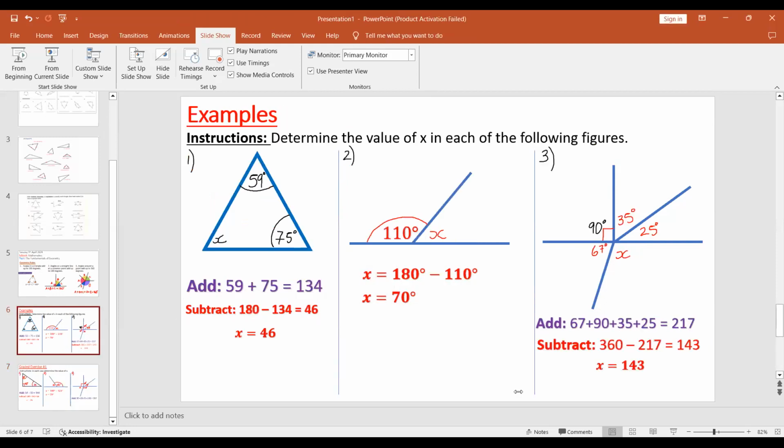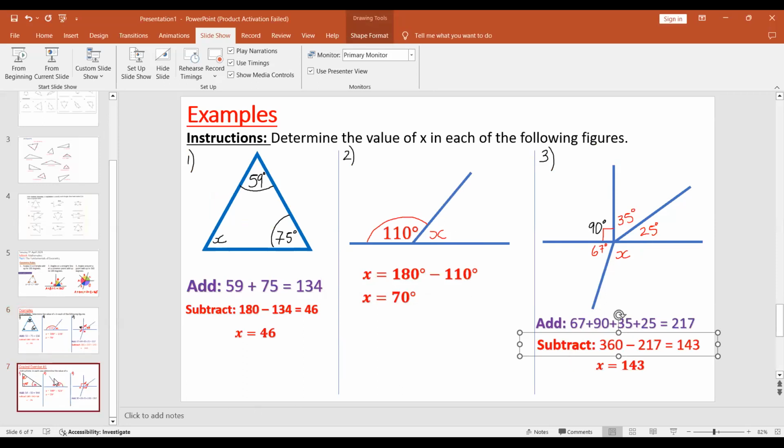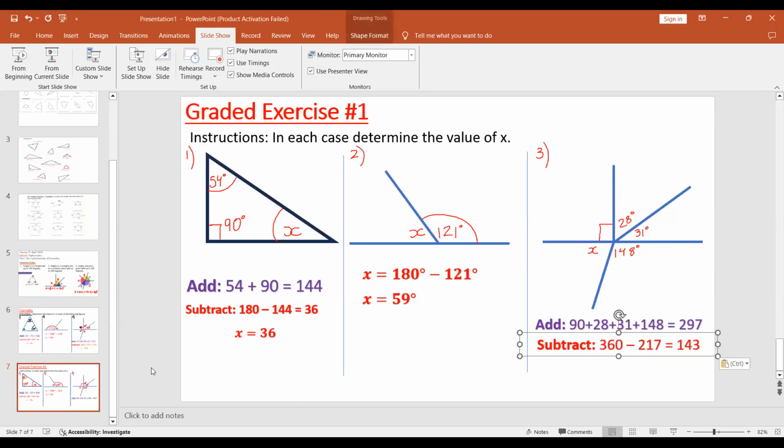And when we subtract them, what do we get? 360 minus 297 is going to be what? 63. Very good, 63 is correct. Anyone else got 63 for your answer for number 3?